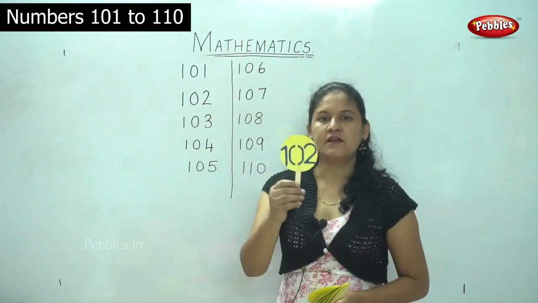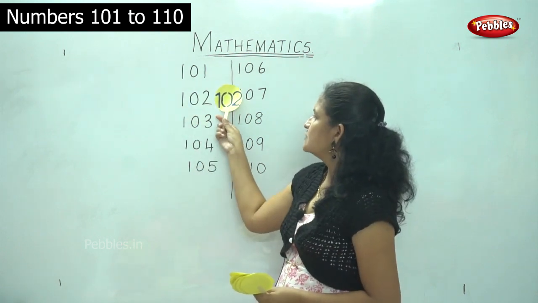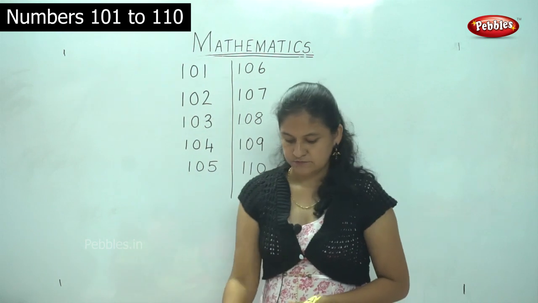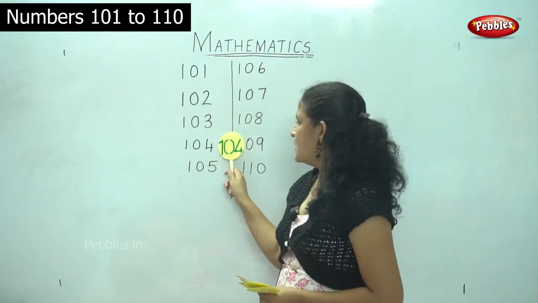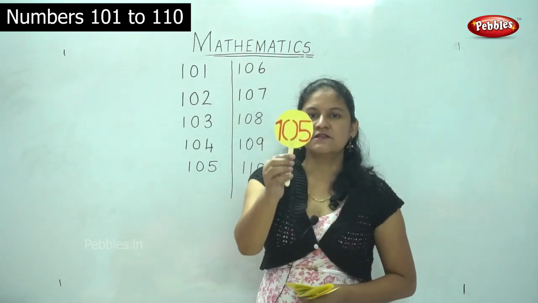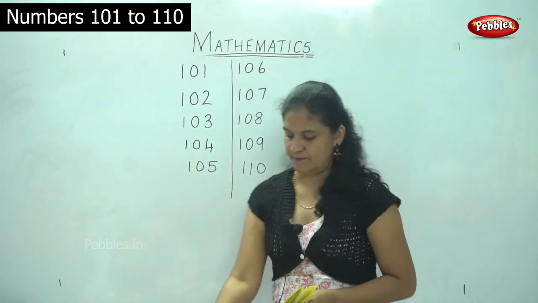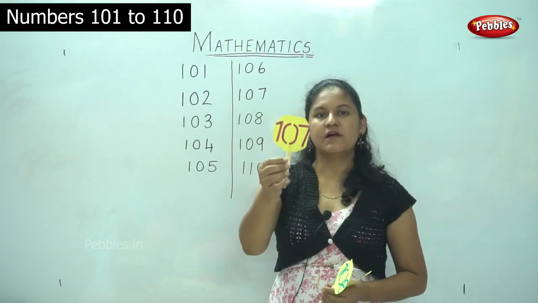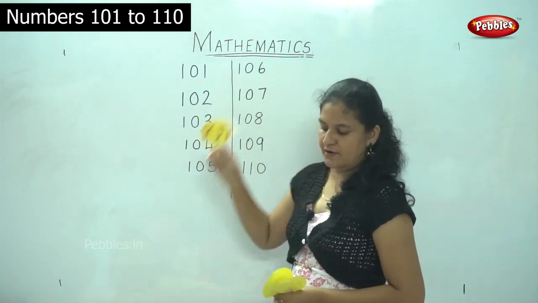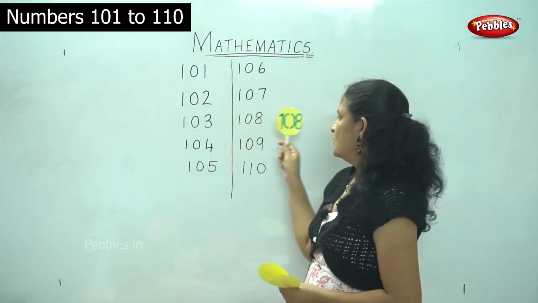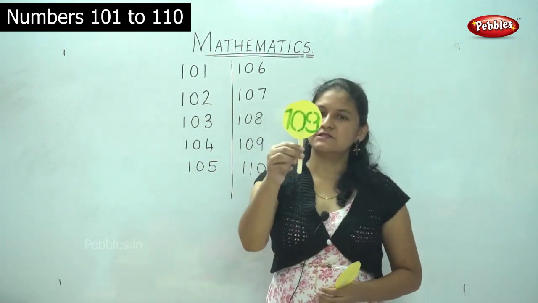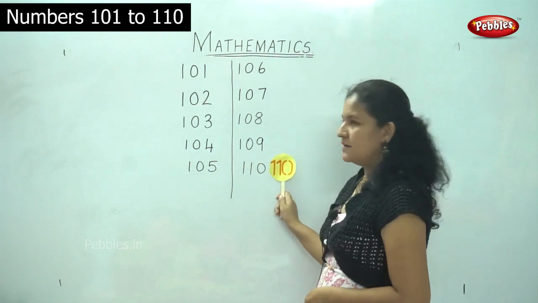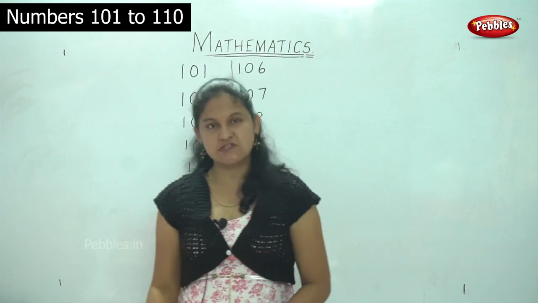Next, 102, 103, 104, 105, 106, 107, 108, 109, 110. So we have identified the numbers using the placards.